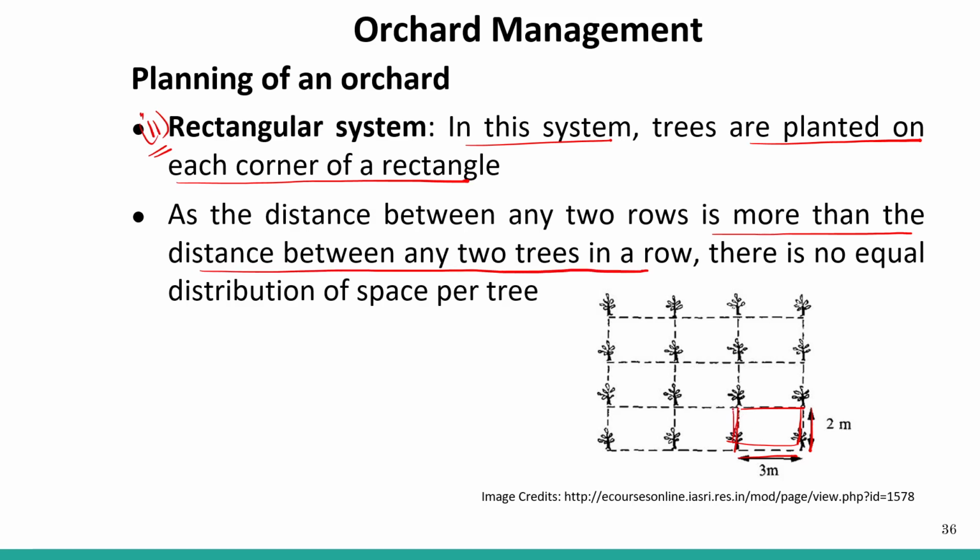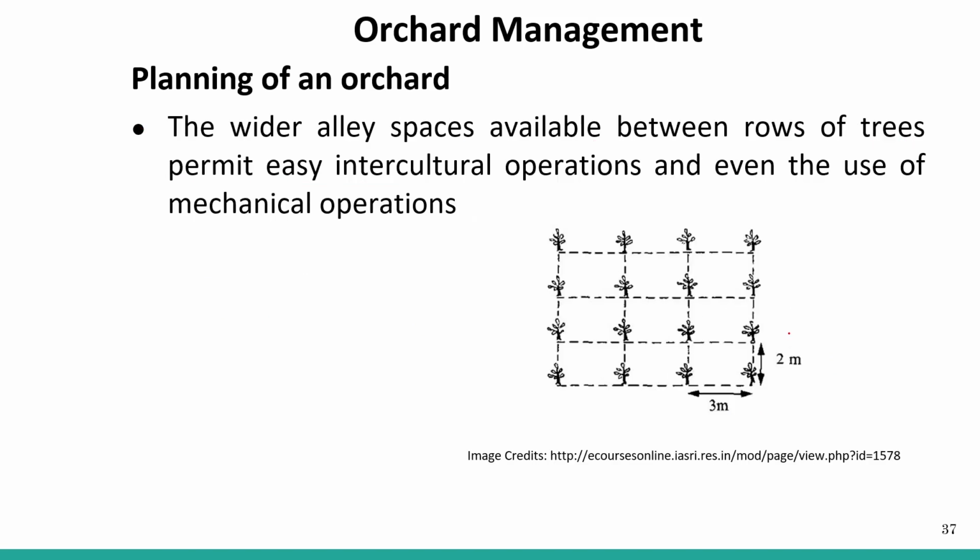So the distance here is 3 meter, but the distance in this row must be 2 meter. So there is no equal distribution of space per tree, but in the case of a square, it is 2 meter by 2 meter or 3 meter by 3 meter, so there is equal distribution of space per tree. But in the case of a rectangle, there is no equal distribution of space per tree.